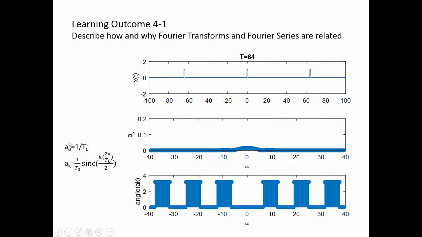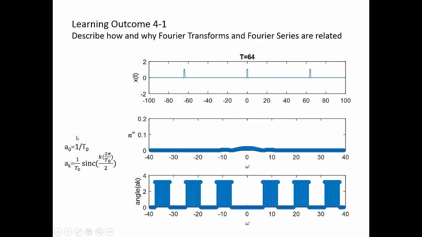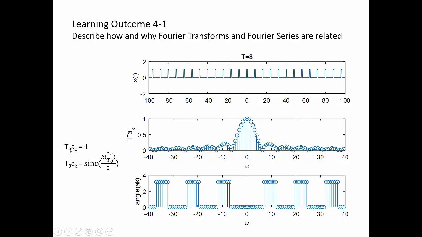So instead of looking at A sub k, we're going to look at T times our A sub k. We're going to take that period and bring it over to the other side of the equation. So now our period times our A naught will be a constant value of 1, not affected by our T. Likewise, our T times our A sub k will be a sinc, and the amplitude of that is not going to change either.